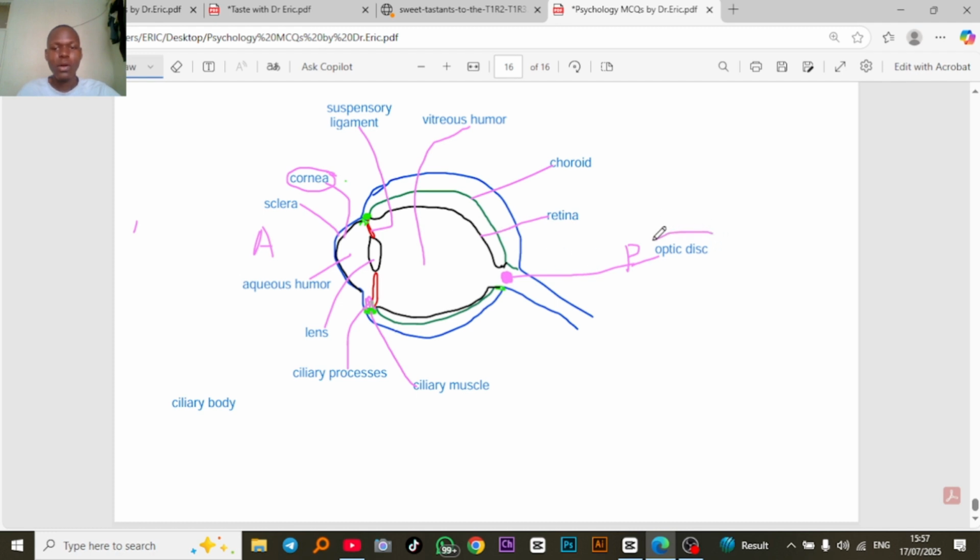So that's the optic disc. And we'll see that this point here, we call it the blind spot because it doesn't have any photoreceptors. So that gives us an introduction into the anatomy of the eye.